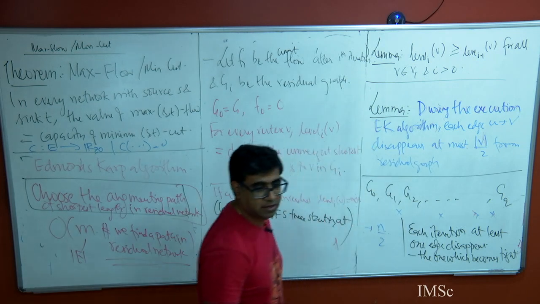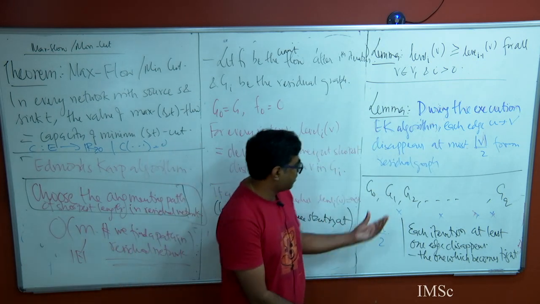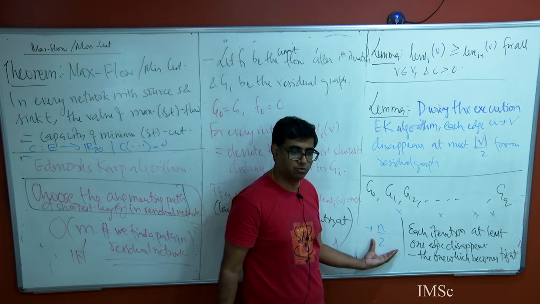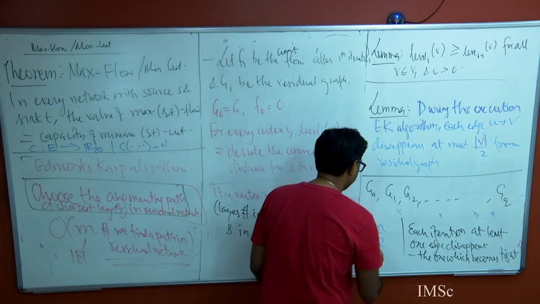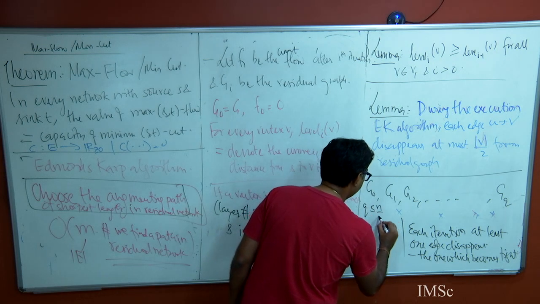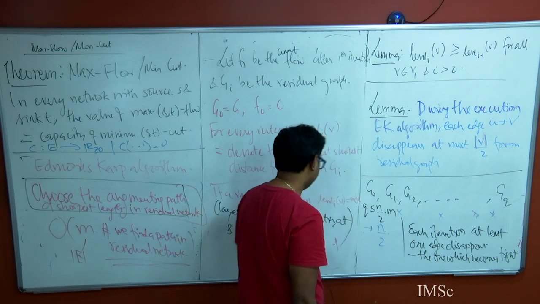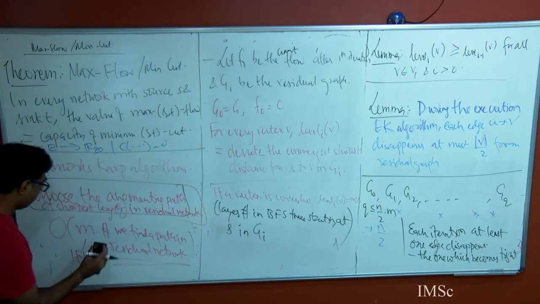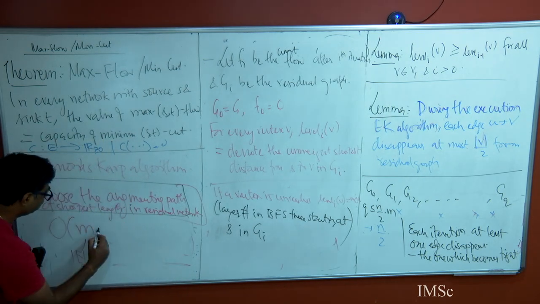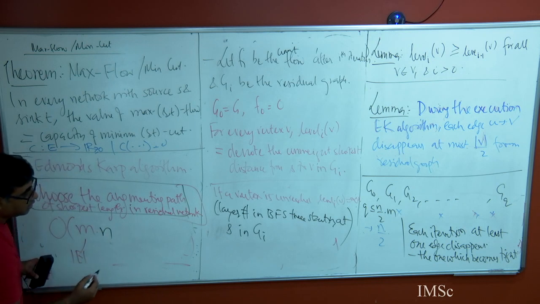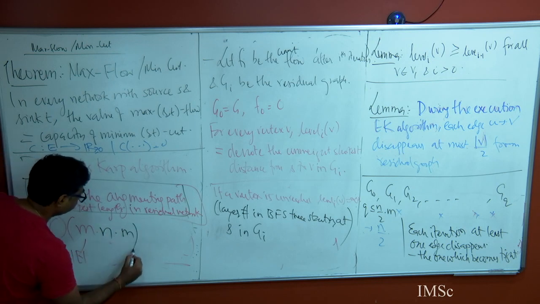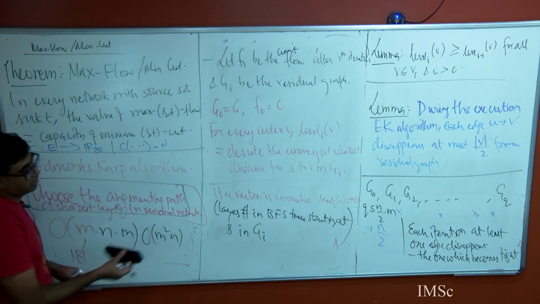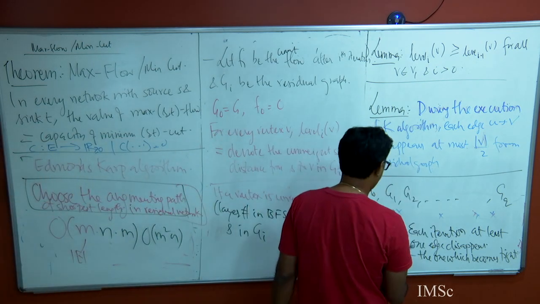What does this imply? Every time at least one edge disappears and no edge can disappear more than n by 2 times. So Q is upper bounded by n by 2 times m. So the running time of this algorithm is m into n into m, which is order m squared n. Now let's try to prove these two lemmas back to back.